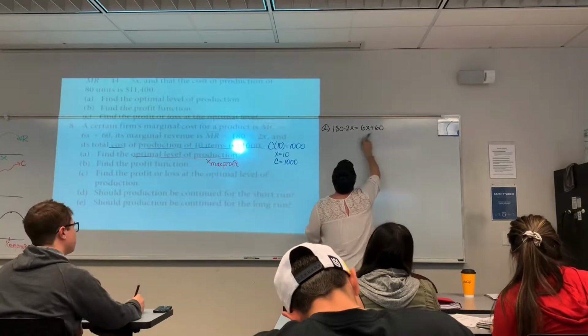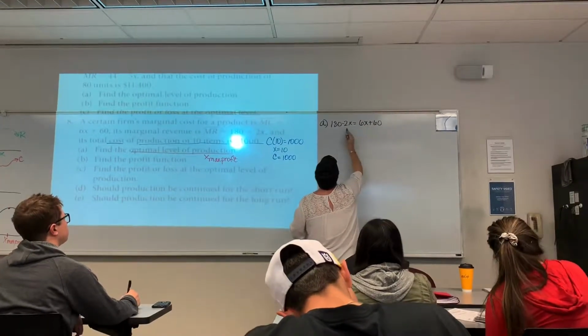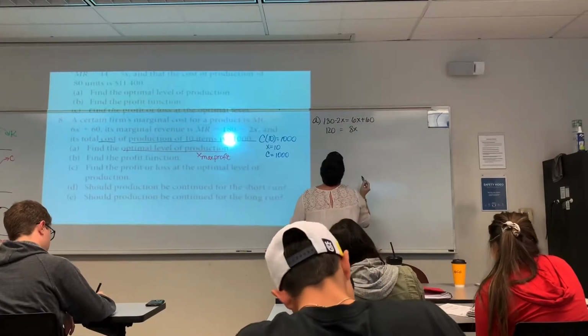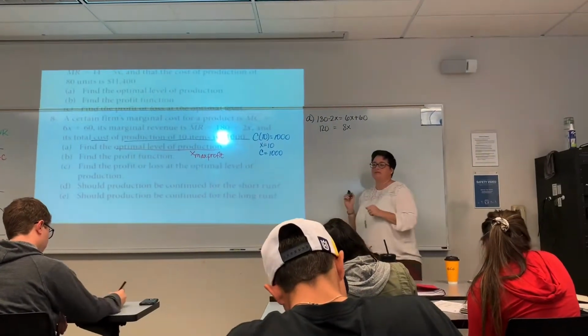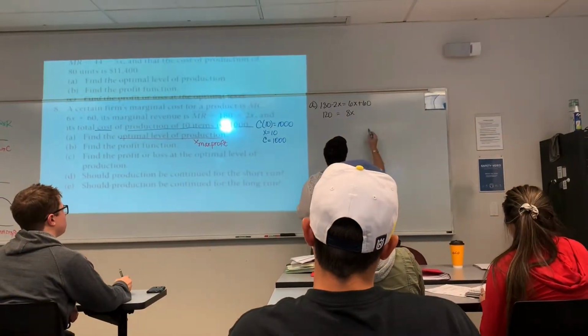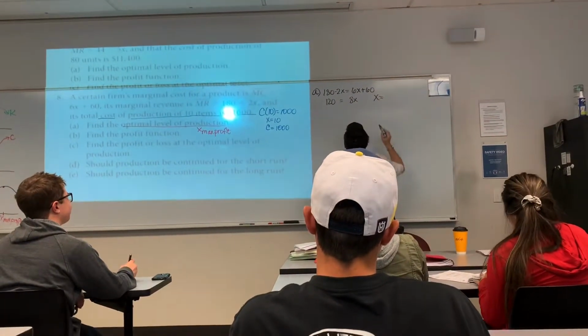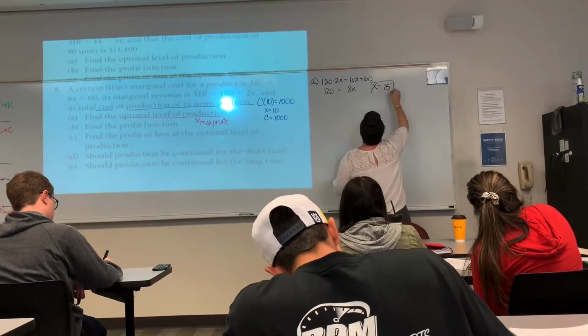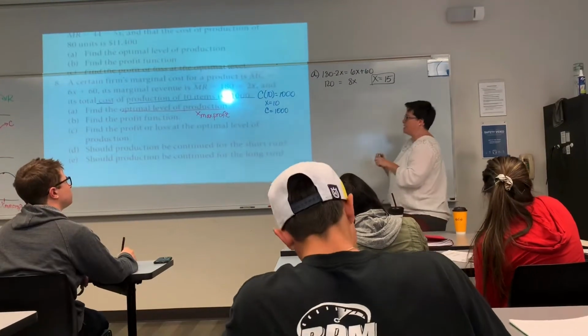I'm gonna move the 60 over and the 2x over. So I'm gonna get 120 equals 8x. Is everyone okay with that? Now what do I do? So that is 15. So that's part A done.